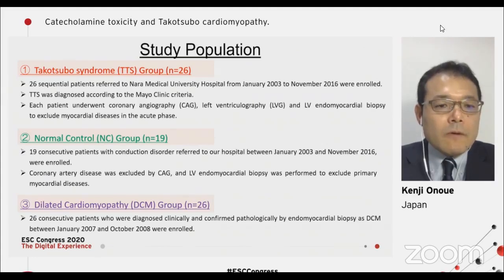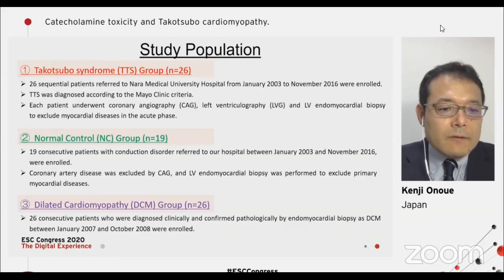We also enrolled 19 consecutive patients with conductive disorder as a normal control. And we enrolled 26 consecutive patients who were diagnosed clinically and pathologically by endomyocardial biopsy as DCM as the control with reduced LV function.